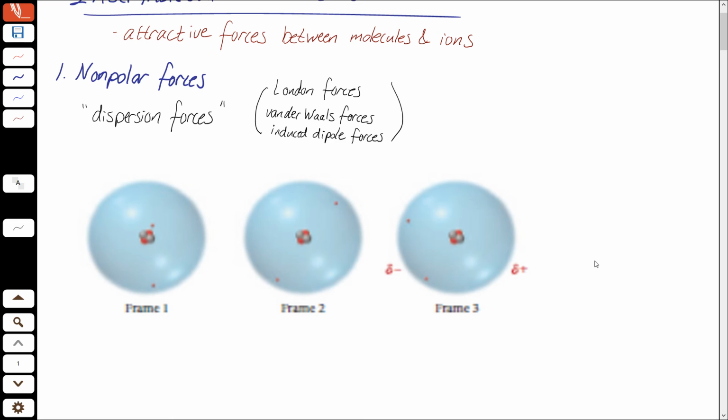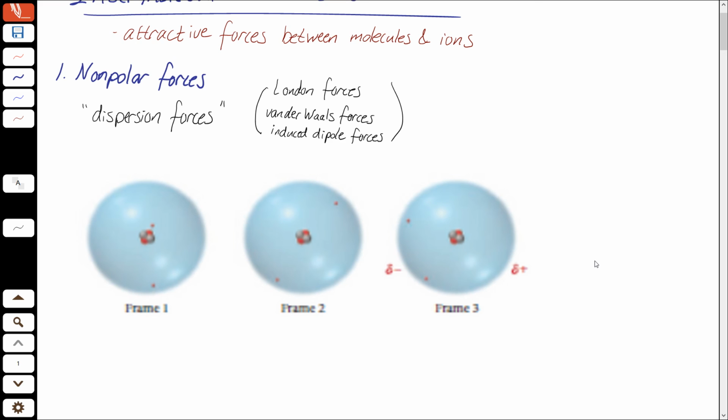So, all right, so let's say we have these frames of these electrons. We don't know their velocity, but we're saying that we do know their position. So what you see here is that in the first and second frame, the two electrons from helium are roughly evenly distributed around the nucleus.